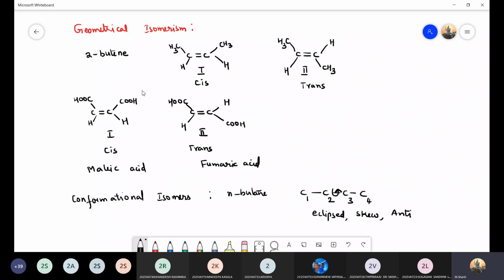Skew is where you have 60 degrees or 90 degrees, and anti is exactly opposite to each other. The similar groups will be opposite to each other, and this is more stable. Anti is more stable, and least stability is assigned to the eclipsed. Skew conformers have stability between eclipsed and anti. We will study the conformational isomers in detail later.